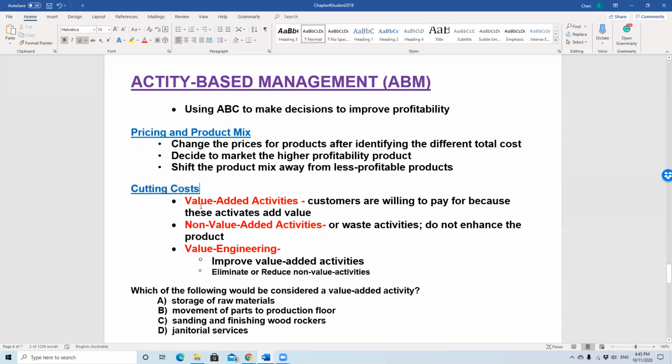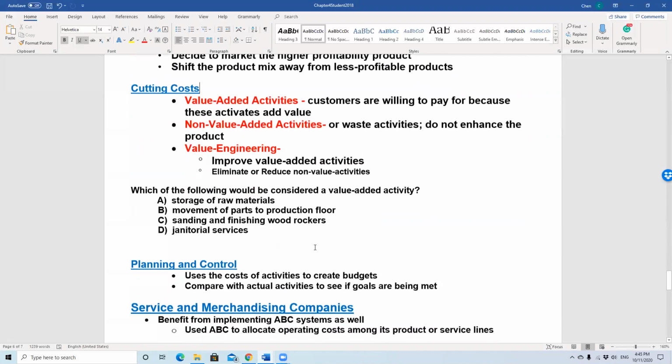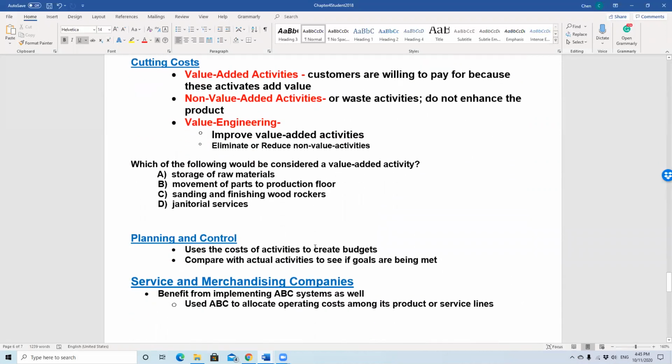If you use the plant-wide allocation base, overhead looks the same, but actually they're different when you use activity-based costing. And then cutting costs: you have value-added activities, which customers are willing to pay for because these activities add value. There are also non-value-added activities, or waste activities. So what we do is improve our value-added activities and eliminate or reduce non-value-added activities.